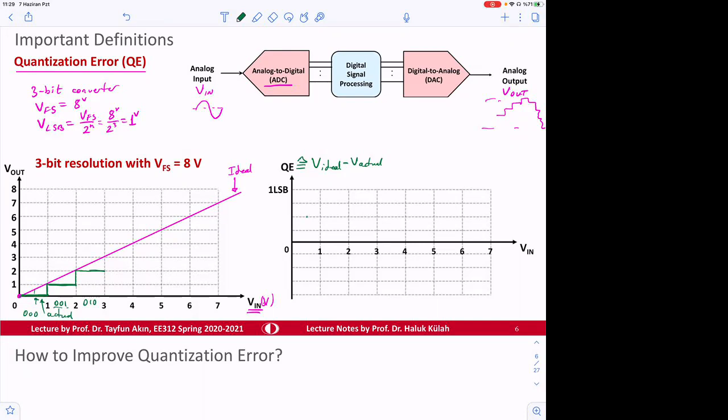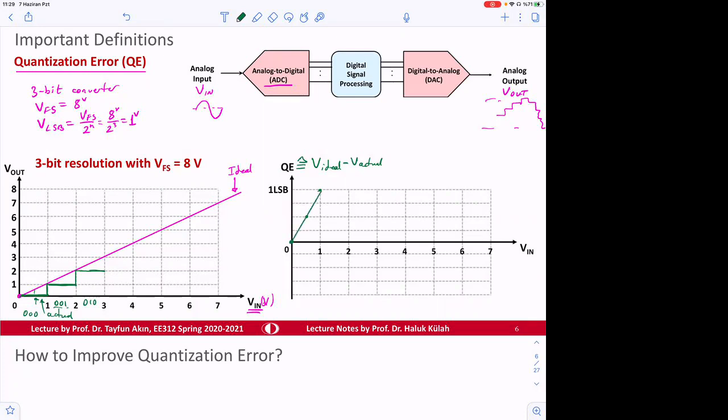So the error is going to be 0 for input 0, but the error is going to go up to here when the voltage is, let's say, 0.99.